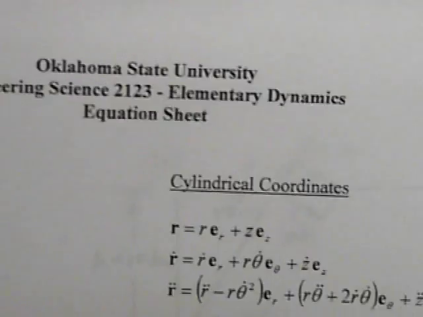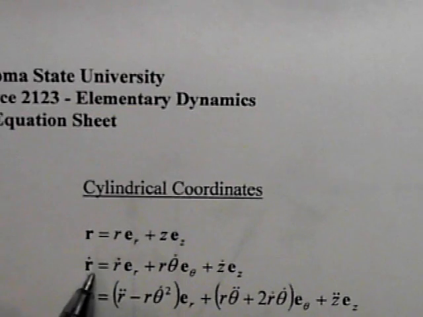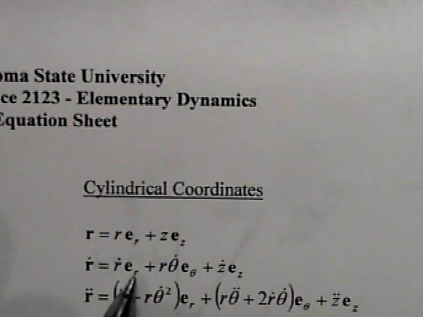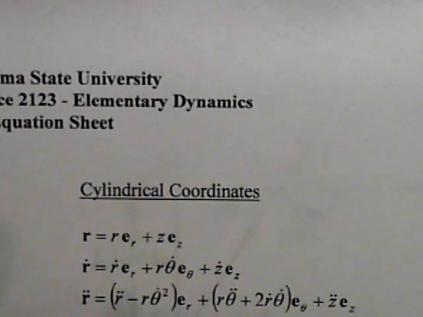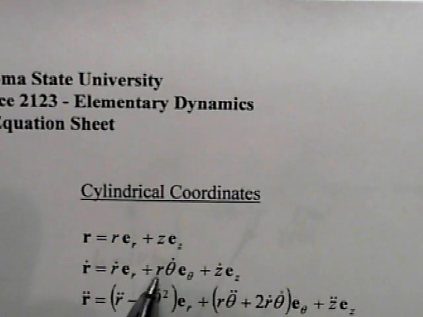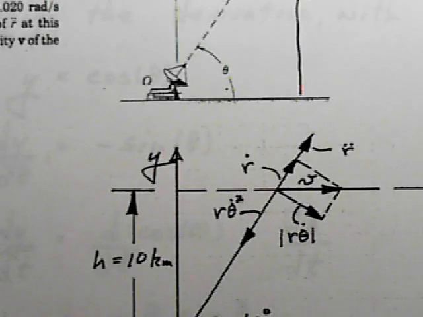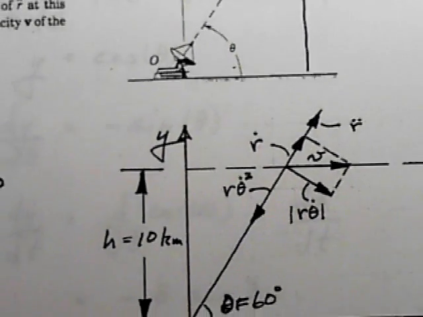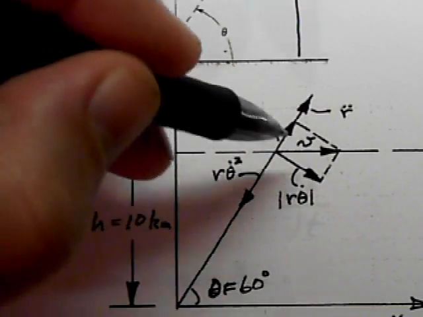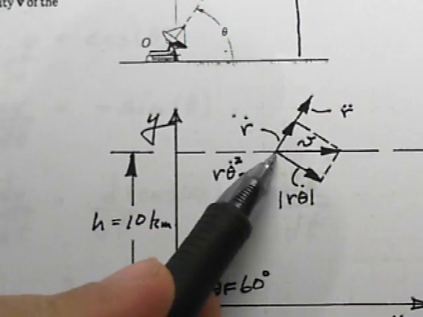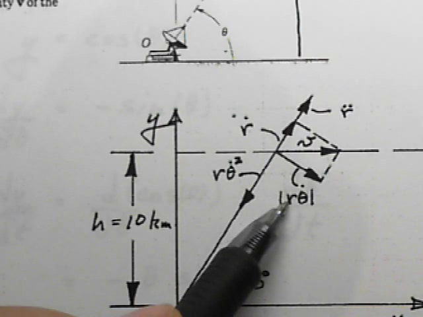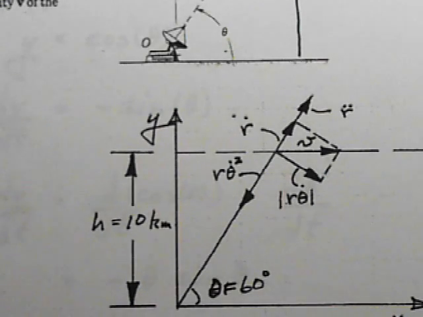Looking at the equation sheet, what we have for velocity, the velocity vector, is a radial direction piece, r dot, and a theta direction piece, r times theta dot. Okay? And this velocity, our radial direction piece, is the r dot that we just saw. The theta direction piece is the r theta dot piece.